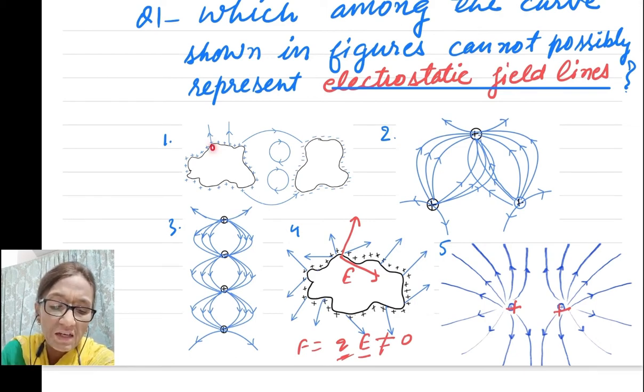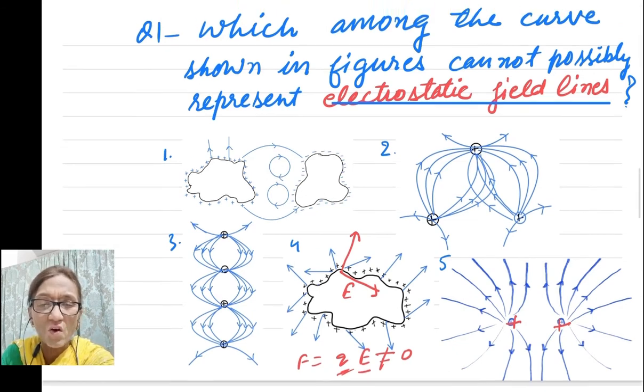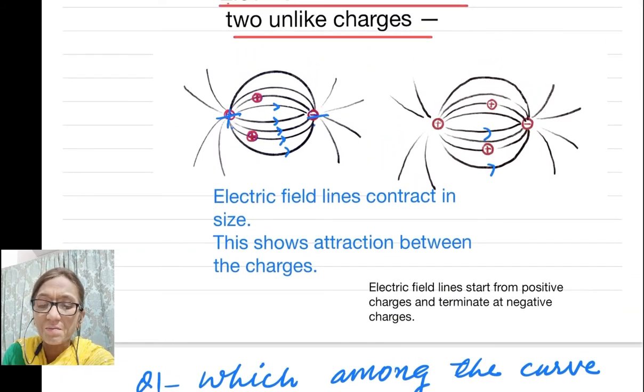Everything is right here because the field lines come out vertically from the positive charge sphere, and go in vertically at the negative charge sphere. But there is one drawback. Here you have a closed continuous curve, and that is not possible in the case of electric charges, because electric field lines start from the positive charge and terminate at the negative charge.